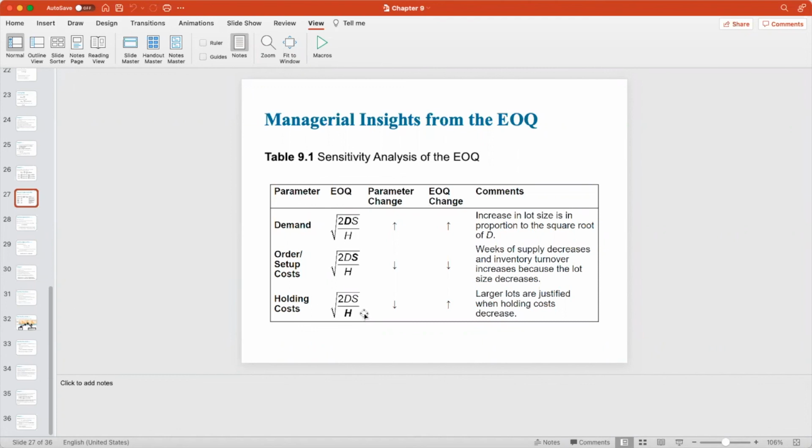So the EOQ will go down, which indicates that when holding cost goes up, the corresponding EOQ will go down. Or oppositely, when holding cost goes down, your EOQ amount will go up. So they are changing in opposite directions. That would be a very simple sensitivity analysis related to how these different parameters will impact EOQ.